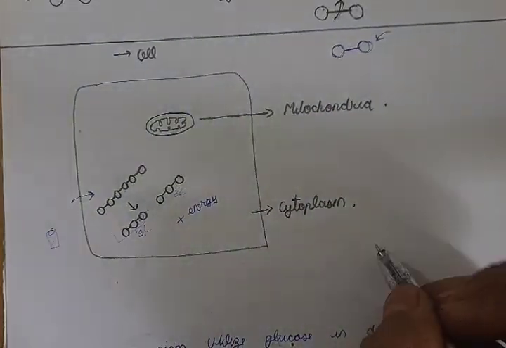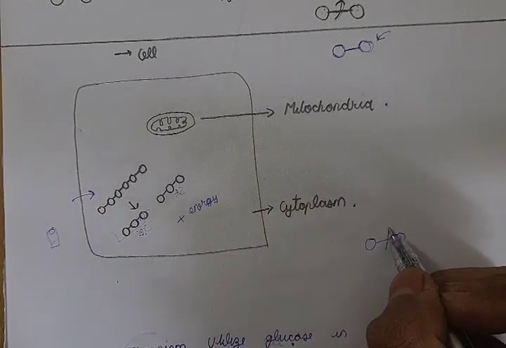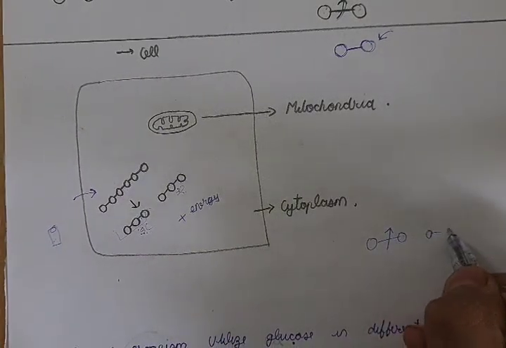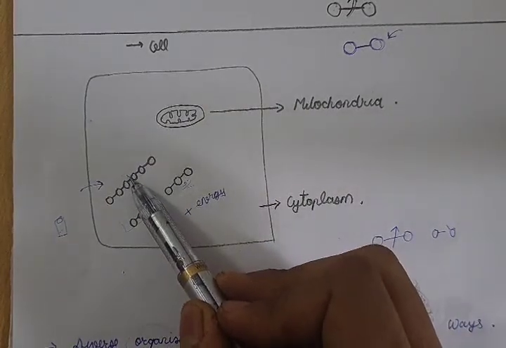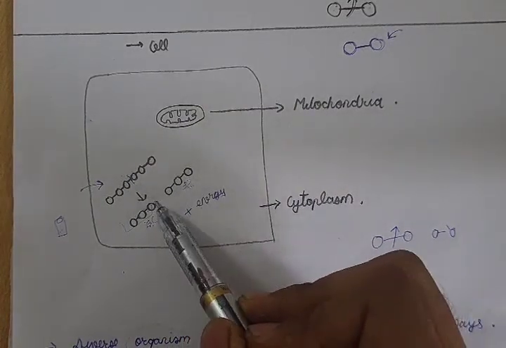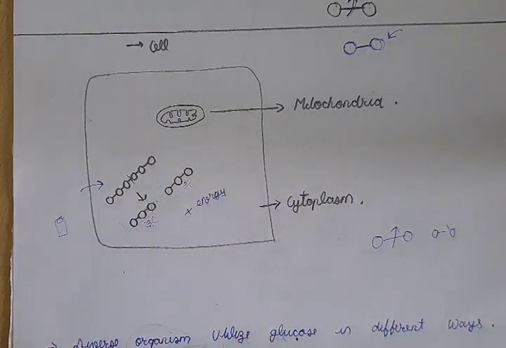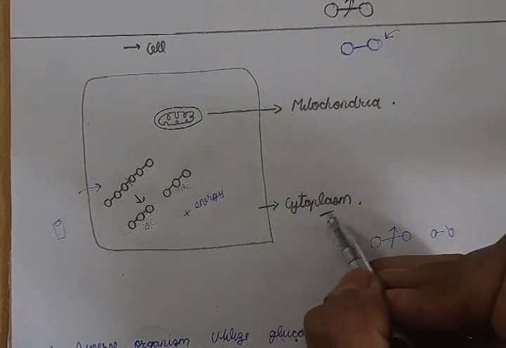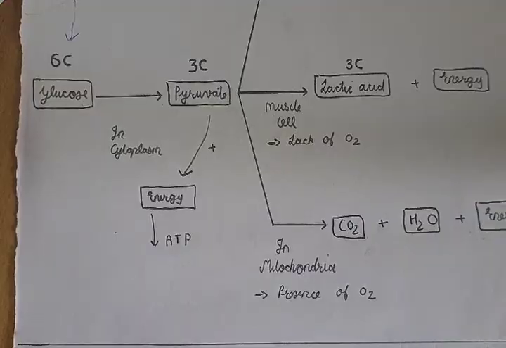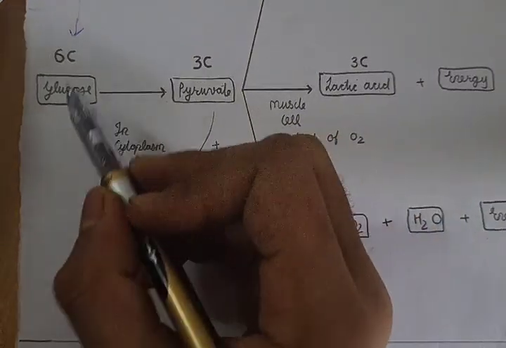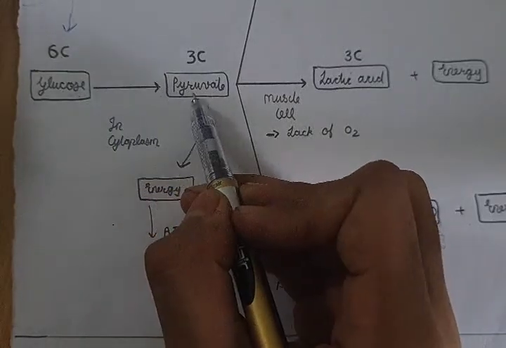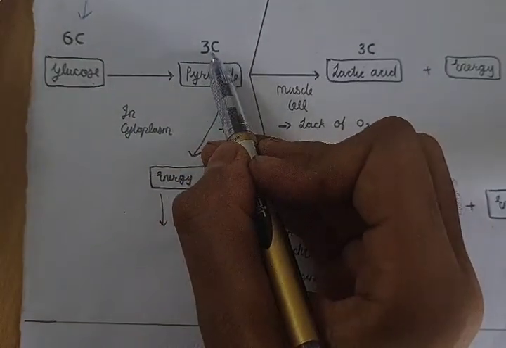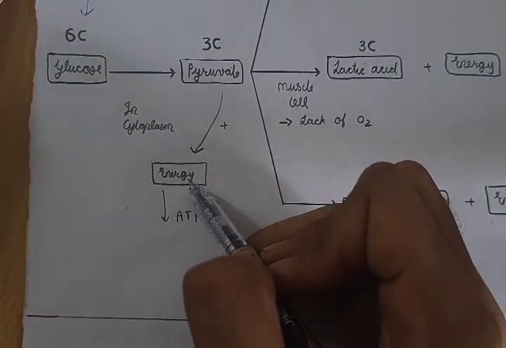We all know that when the bond breaks, there is a release of energy. So here this bond broke into 2 molecules, so there is release of energy, and this takes place in the cytoplasm. So that's the same thing I told you, that this glucose, which is a 6 carbon molecule, is broken down into pyruvate, which is a 3 carbon molecule, and energy is released.